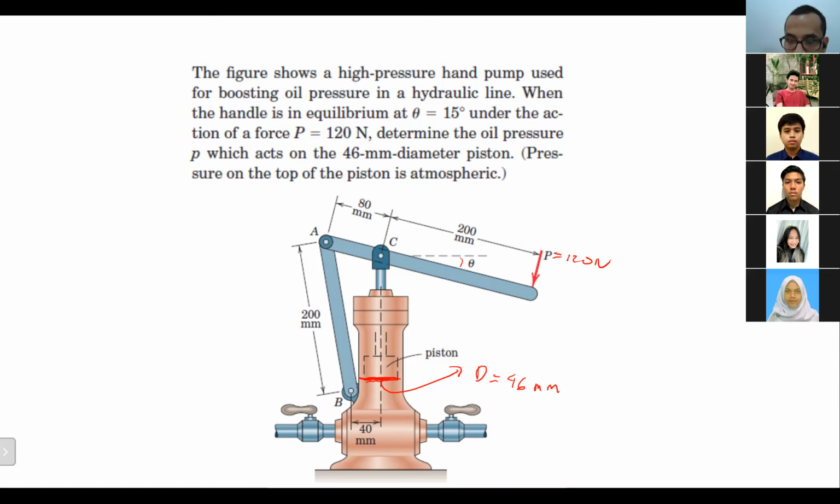I think we first draw the free body diagram. Draw the free body diagram of what? The lever, I mean the AC, the long one. Yeah, the long one. Okay, but before that, the one in question is the oil pressure p, which acts on the 46 millimeter diameter piston. So basically, the one that we're supposed to find is what? In order to find that, Johan?